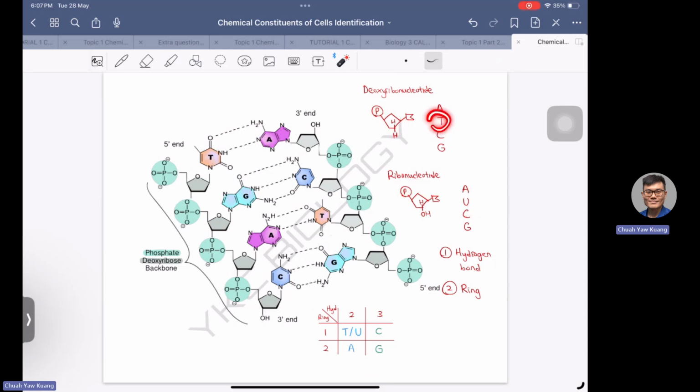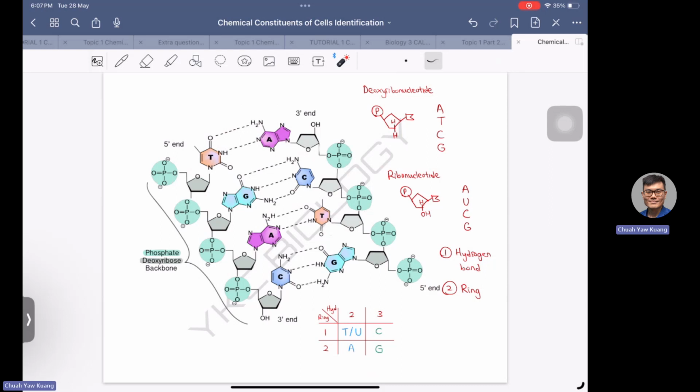If it is a T, then at the pentose sugar, carbon 2 should not have any OH. If it is uracil, then it is a ribonucleotide, and carbon 2 of the ribose sugar should have the OH.